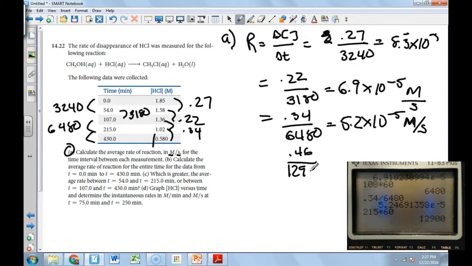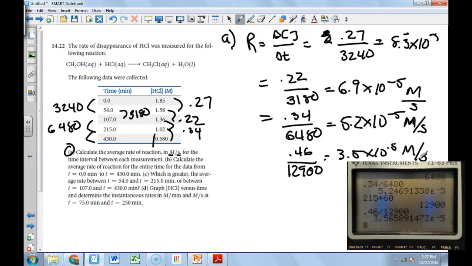So 0.46 divided by 12,900 equals 3.5 times 10 to the minus 5 molar per second. And so that stands to reason, that the rate is decreasing through the whole thing.